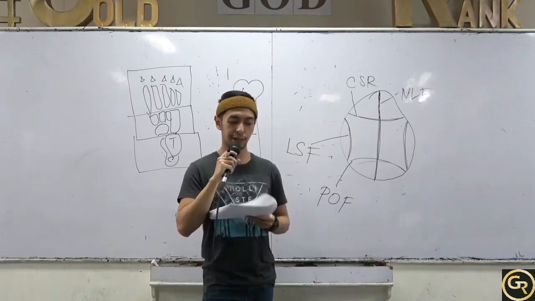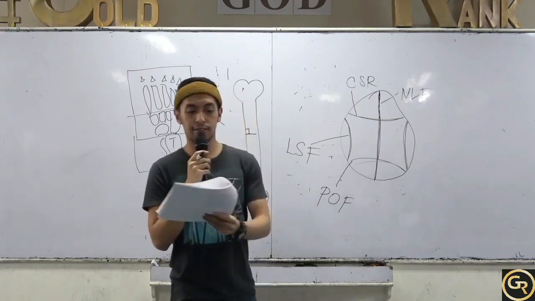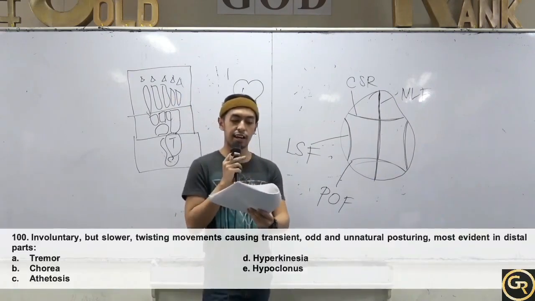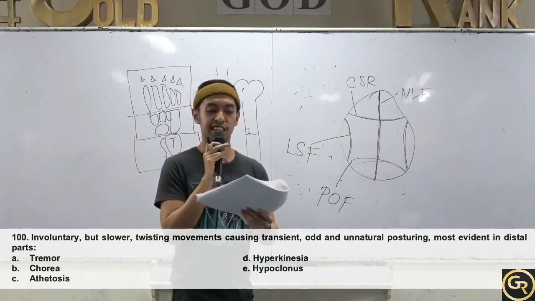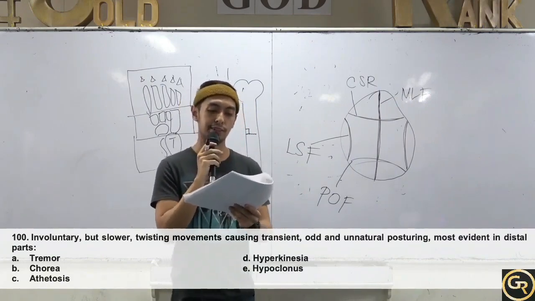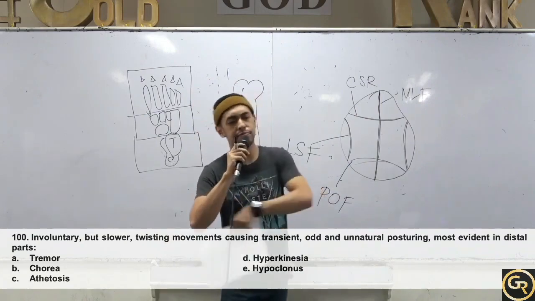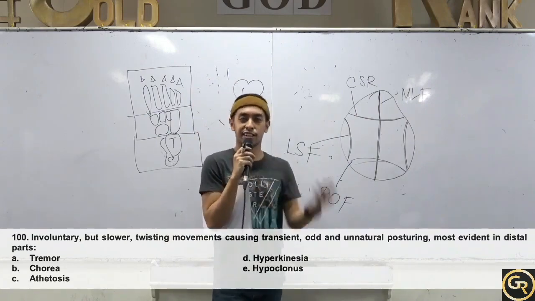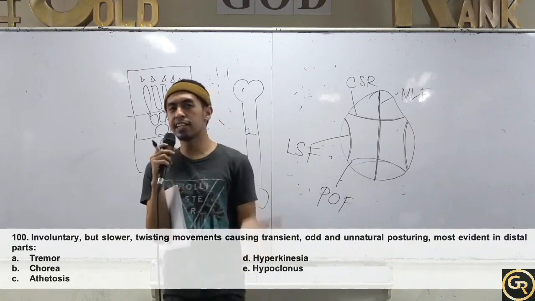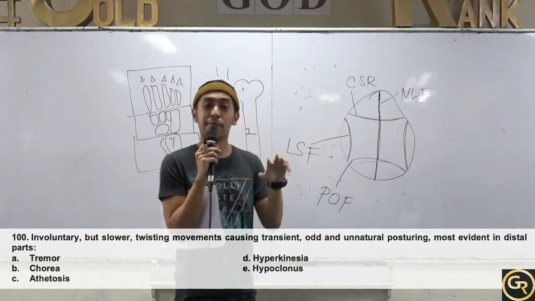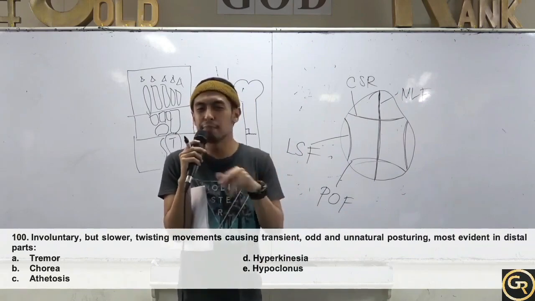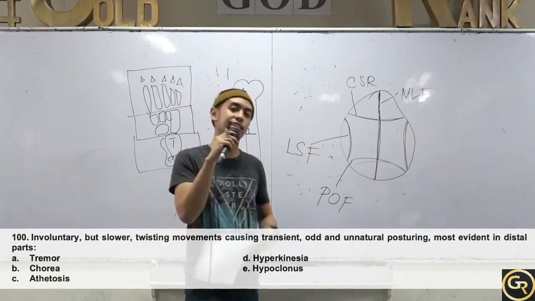Okay? 4-point gait. And lastly, number 100, involuntary but slower twisting movements causing transient, odd, and unnatural posturing, most evident in the distal parts. So, if this occurs in the distal parts of your extremity, slow, involuntary, worm-like, diba, writhing movements, ano nga pong type of movement disorder ito?